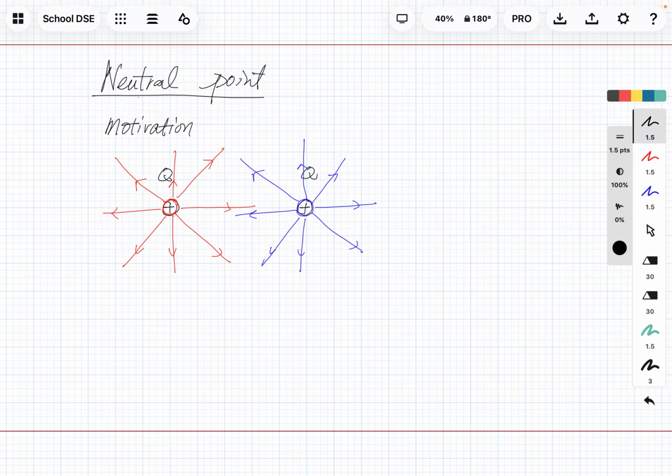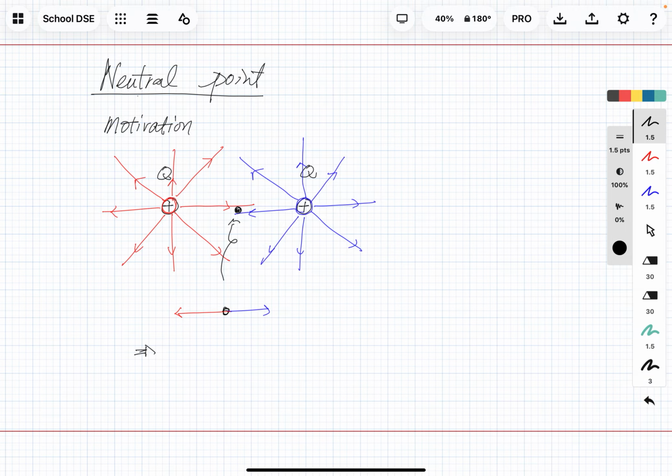But for the neutral point of the magnetic field, which is usually, maybe the neutral point of the gravitational field is the same first. For the gravitational field, because the formula is so similar, we have g equals Gm over r squared, but we don't have charge, we don't have positive mass and negative mass.